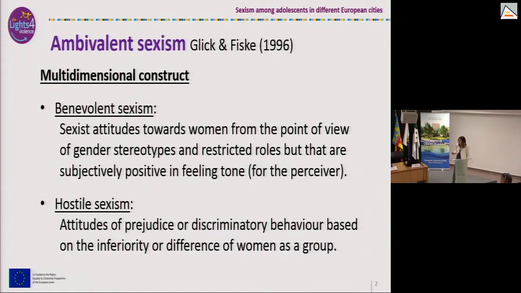Benevolent is defined as sexist attitudes towards women from the point of view of gender stereotypes and restricted roles, but that are subjectively positive in feeling tone. And hostile are attitudes of prejudice or discriminatory behavior based on the inferiority or difference of women as a group.